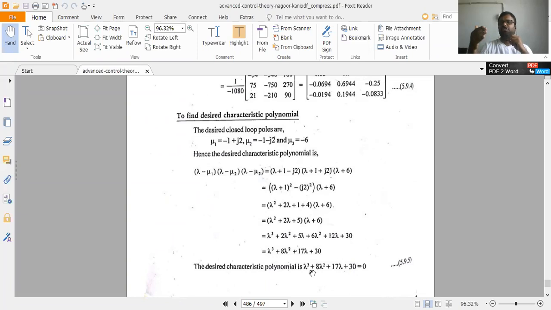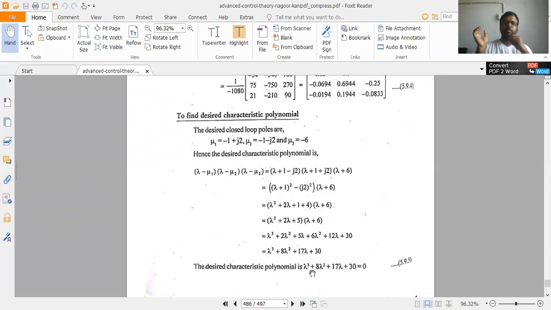That means initially you have to determine the controllability matrix, and after that you have to check whether that particular system is controllable or not, and after that you have to calculate the inverse of that matrix, and after that you have to determine the desired characteristic equation with the closed loop poles we have here.